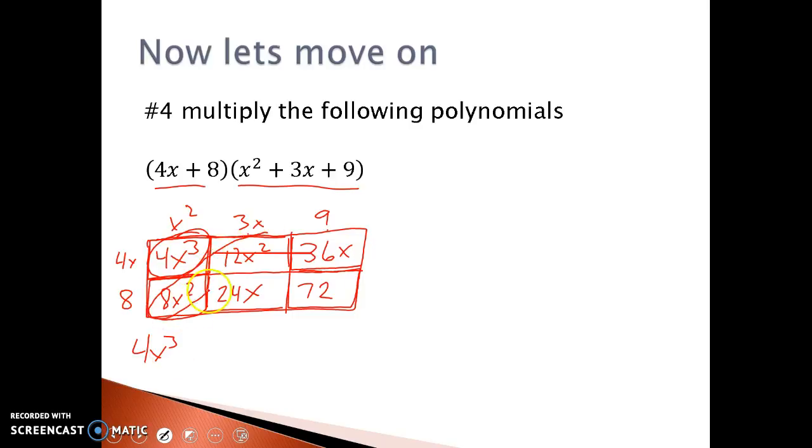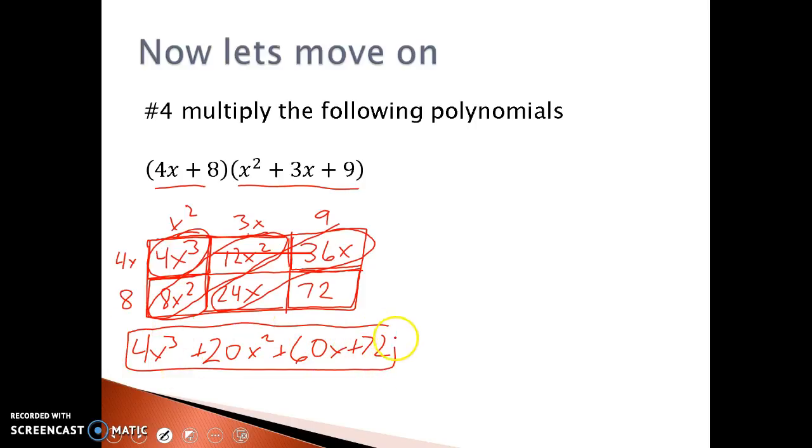I have these two x squareds. 8x squared plus 12x squared is 20x squared. 36x's plus 24x's, well, that's a total of 60x's. So 60x plus the 72. And so if I multiply those two things together, what my final answer is going to look like is 4x to the third plus 20x squared plus 60x plus 72.